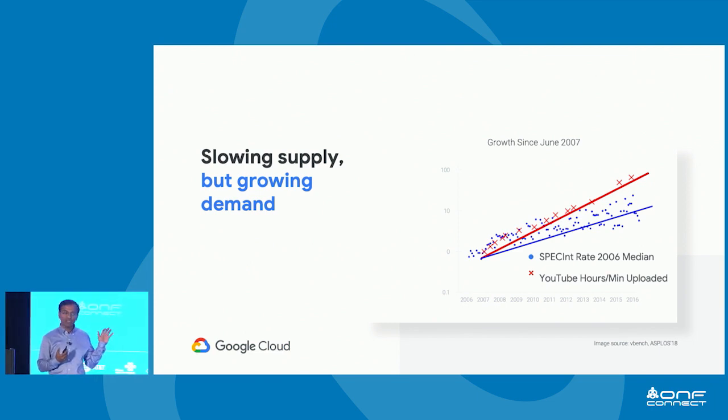But the line in red shows the number of hours of video uploaded per minute on YouTube. And you can see that over time, the red exponential is dramatically higher than the blue exponential. In other words, the demand for computation cycles is far outpacing the supply that we have in terms of improvements in computation performance. Data is way outpacing compute in our world.